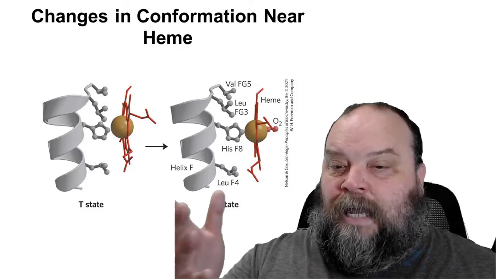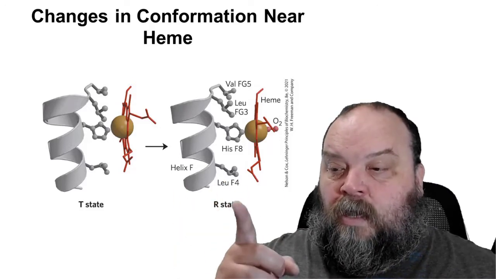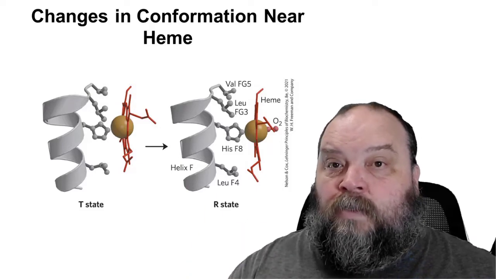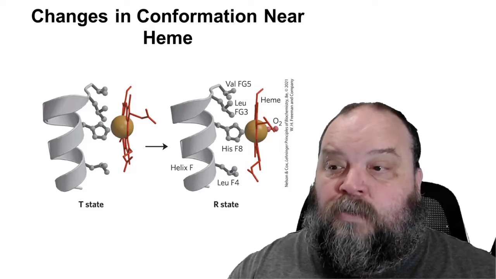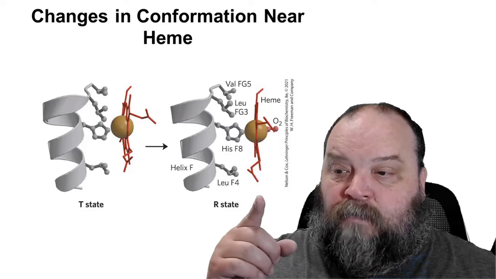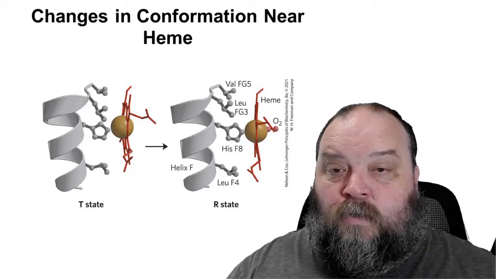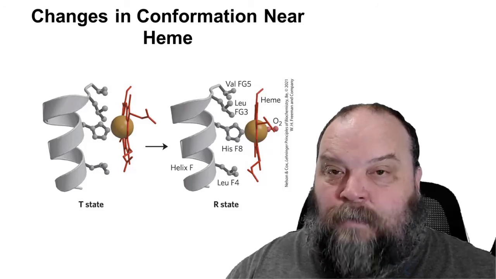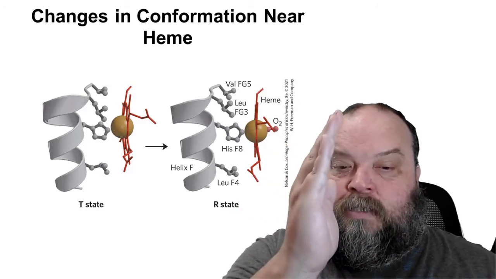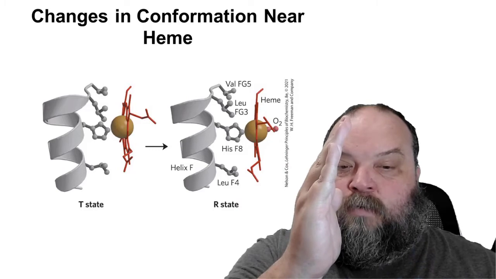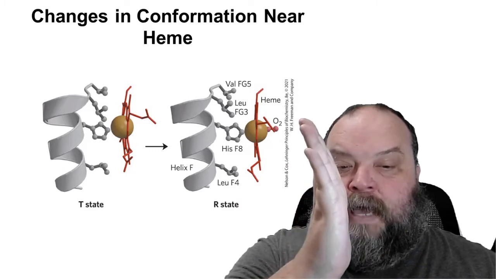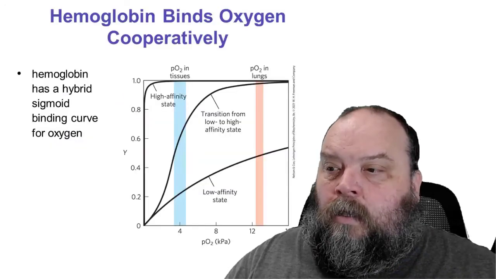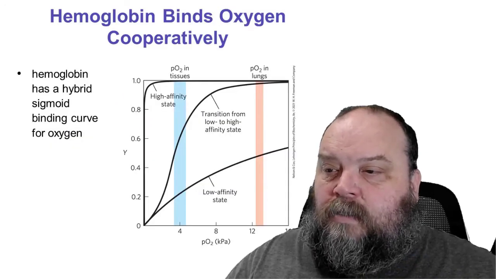As you see here in the R state, this allows more of the porphyrin ring to interact with more of the R groups, valine FG5, leucine FG3, leucine F4, to interact and stabilize. So it's kind of like the porphyrin ring is like this, and when it's with oxygen, it bends back a bit, interacts, stabilizes.